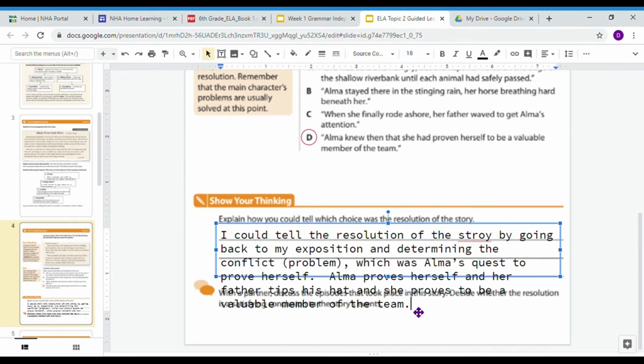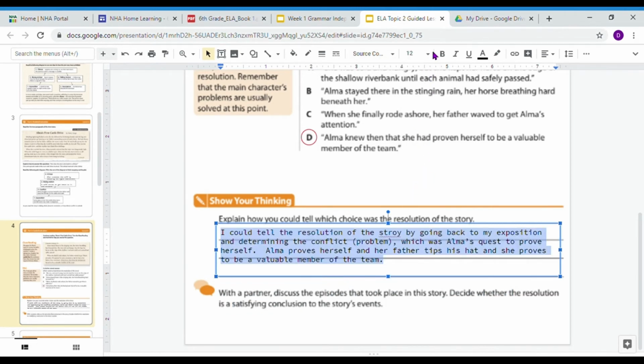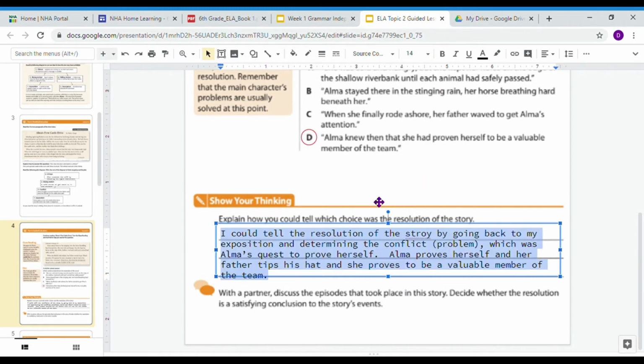So the main part in this part for Show Your Thinking is making sure that you talk about going back to that original exposition problem and not just talking about a different problem.